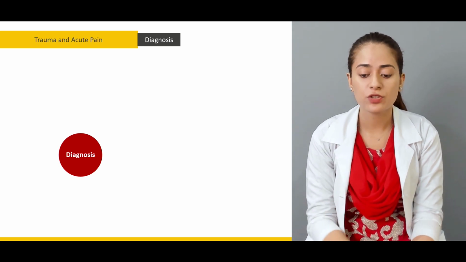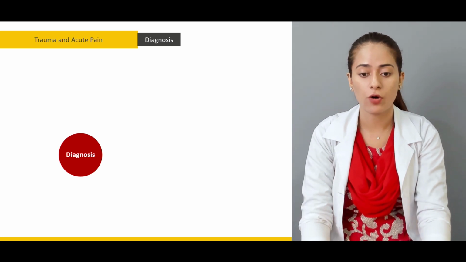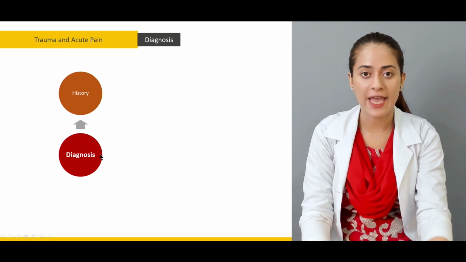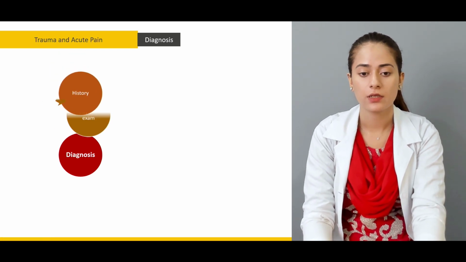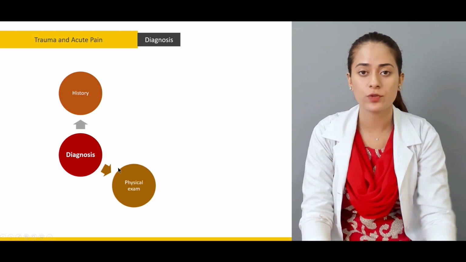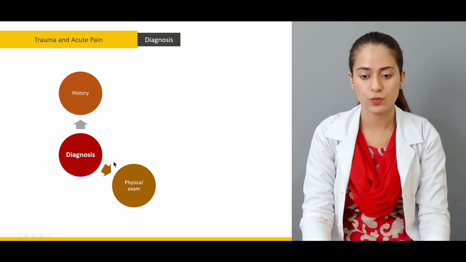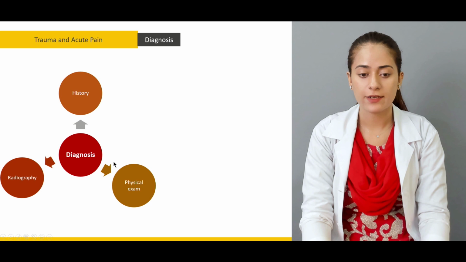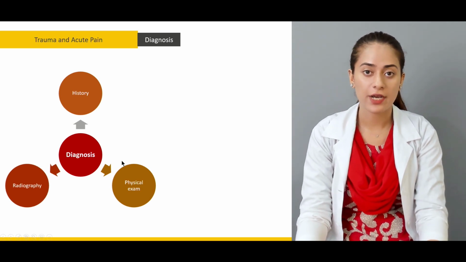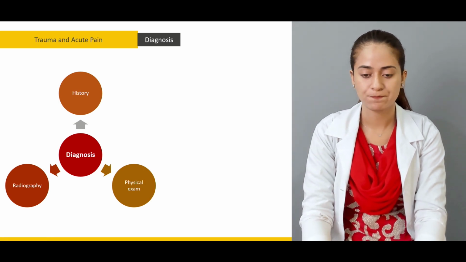Acute impingement syndrome will be diagnosed on the basis of the history, the mechanism of the injury, the physical exam, which includes physical tests like the Neer impingement test, which we will talk about, and then imaging, which includes the MRI and CT scans, and obviously the first will be X-rays.